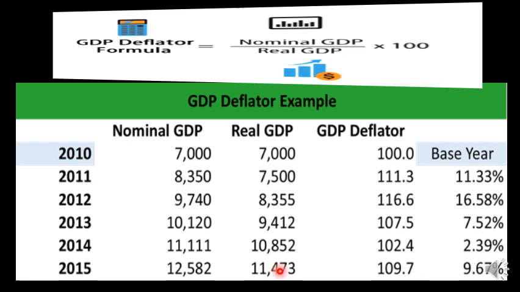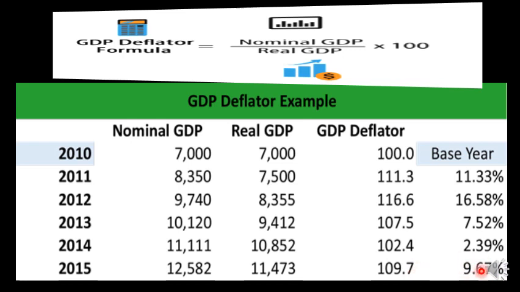Now let us take any other year, 2015. Nominal value, real value, 109.7. The base year is 2010. So with the base year index 100, the current year index 109.7, there is a change of 9.67%. So this has been approximated.